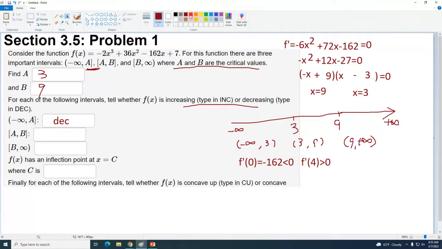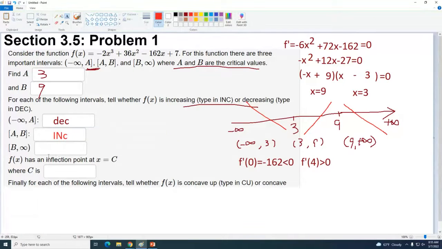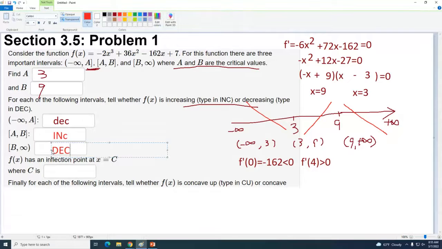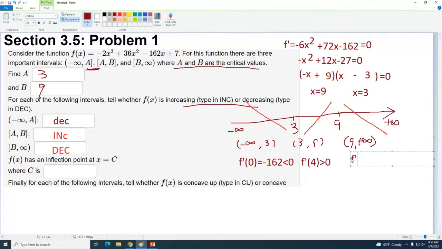So it's increasing. So if you want to draw the graph, it's decreasing, then increasing, and then I'm guessing decreasing because there's no more factor. If you want to confirm, you can calculate f prime at 10.